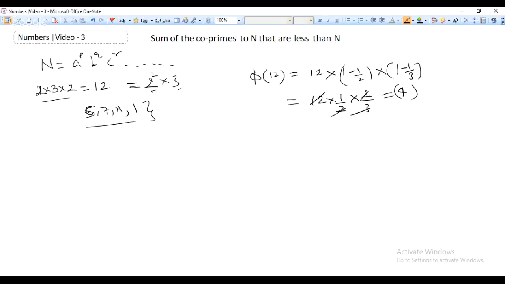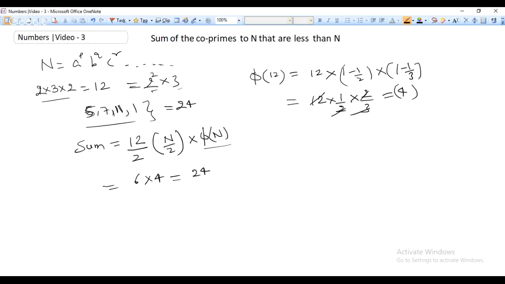And what will be the sum of these numbers? The sum will come as 12 upon 2, that is n upon 2, into phi n, which is here 4. 12 upon 2 is 6, and 6 into 4 is equal to 24. Now we can see that 18 plus 6 is 24. The sum of these numbers will be 24.